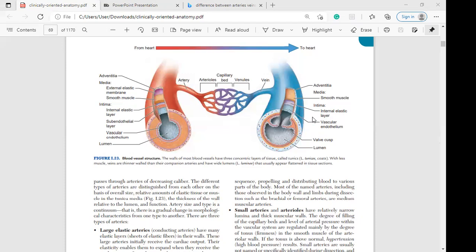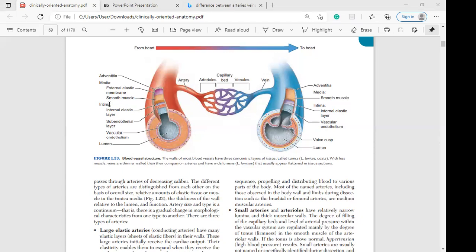So now let's look at the structure of the vein. We have the vascular endothelium and the internal elastic layer. Did you notice that there is no subendothelial layer also?